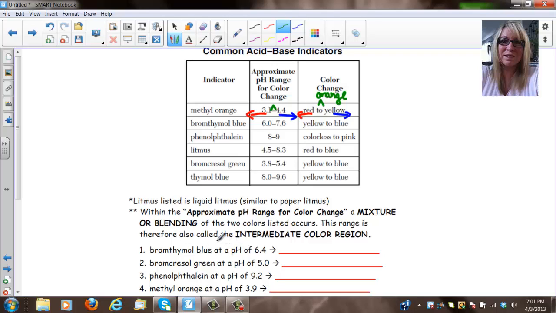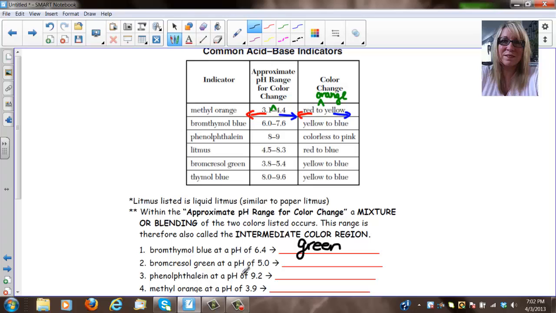So let's look at bromothymol blue at a pH of 6.4 or greater. Well, 6.4 is in this middle range. Bromothymol blue at a pH of 6.4, 6.4 is my middle range. Therefore, the blending of yellow and blue makes green.